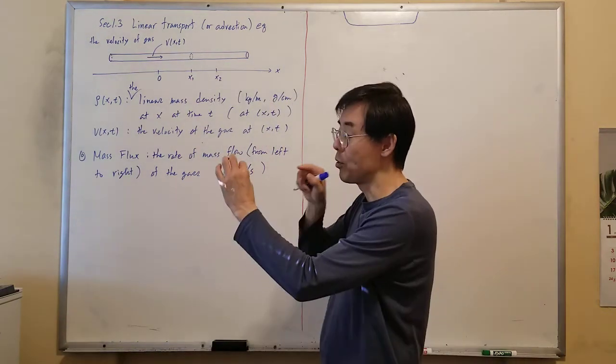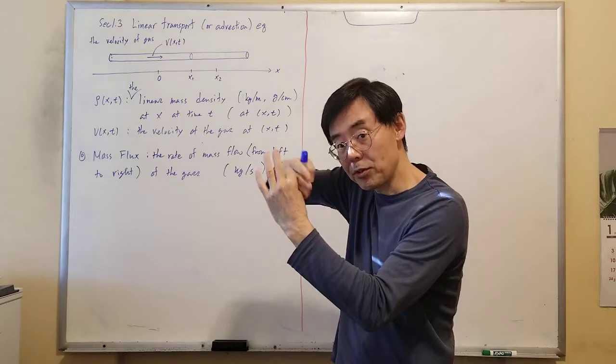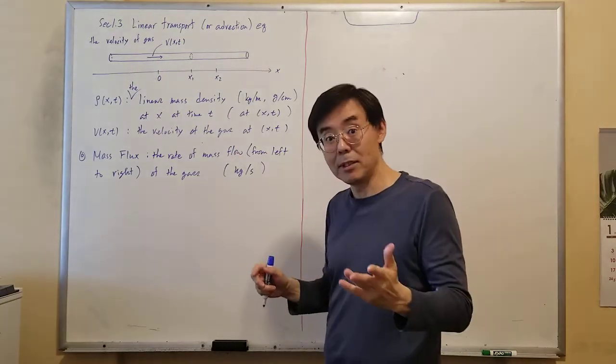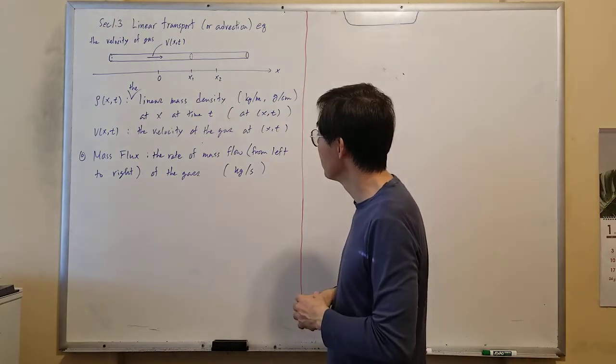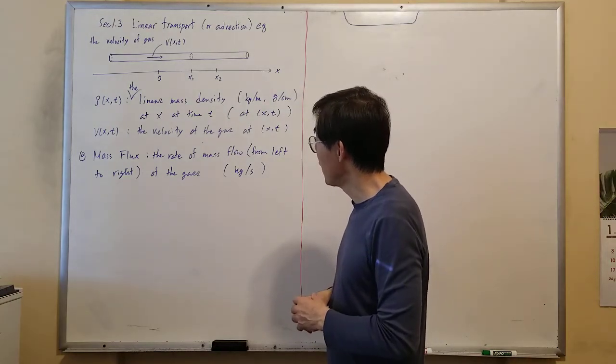How much mass is going through a certain cross section at x and time t? Obviously it can change over position and time. We're calling this mass flux.